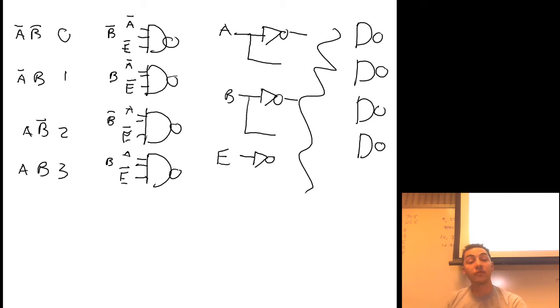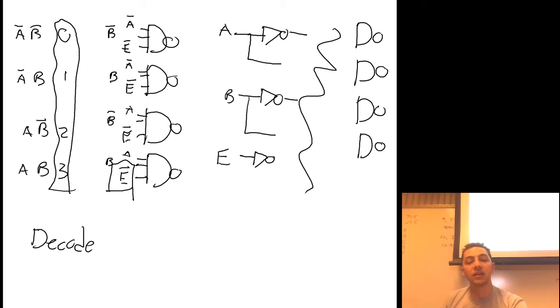We also had everything connected to E bar. So what kind of a device was this? This was a decoder. It takes a binary number in and gives you a single output high.